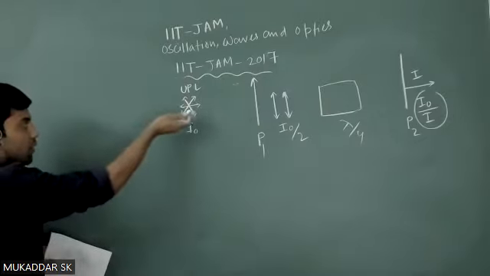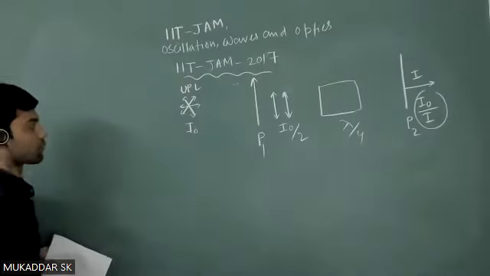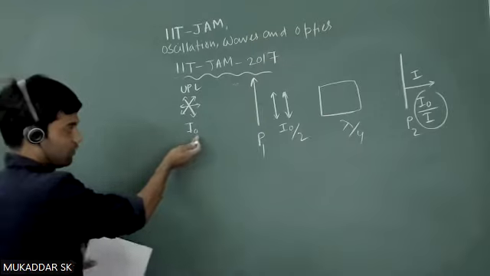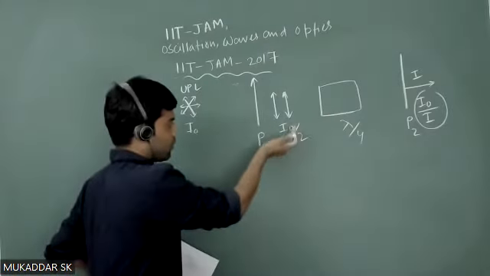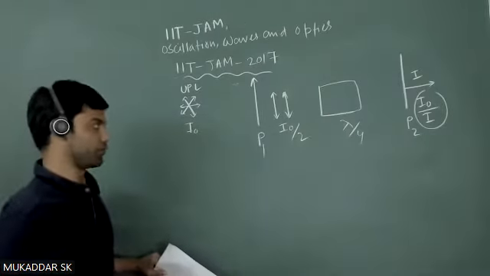So this polarized light will have intensity I naught by 2.